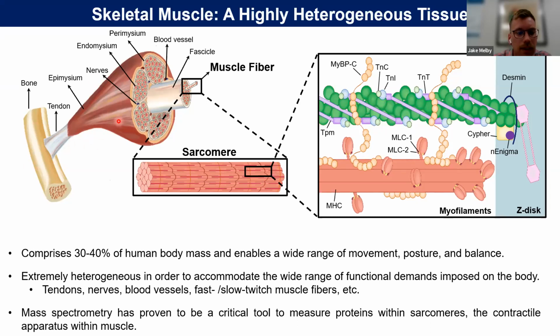to accommodate all of these different demands on the body. Skeletal muscle is connected by tendons to bones to enable this movement. But it's made up of a lot of different components, such as tendons, nerves, blood vessels, fast and slow twitch muscle fibers, which are the individual contractile unit found within muscle, as well as several other things.